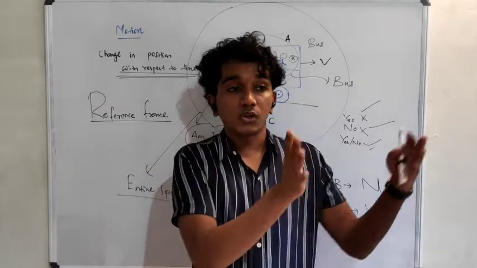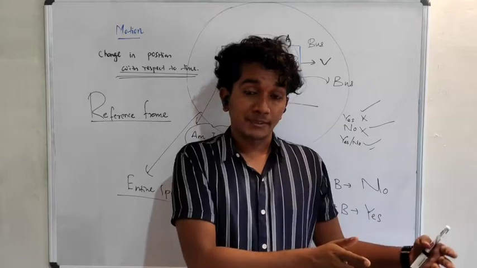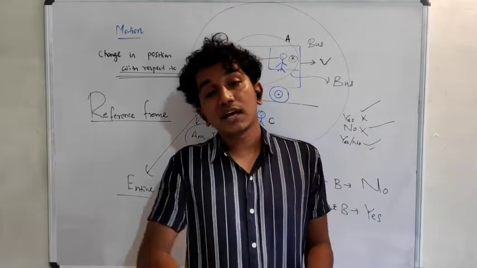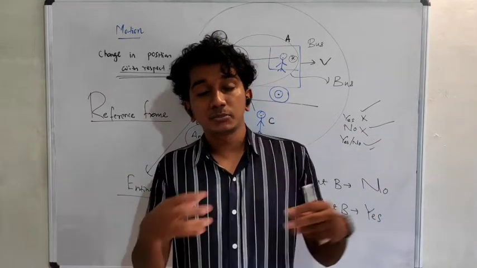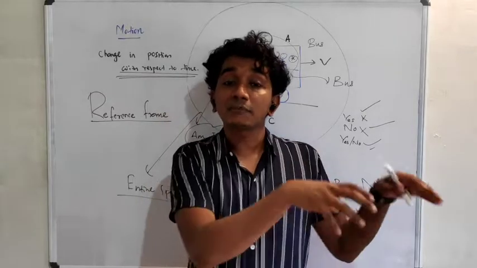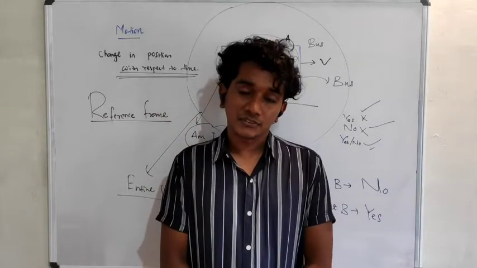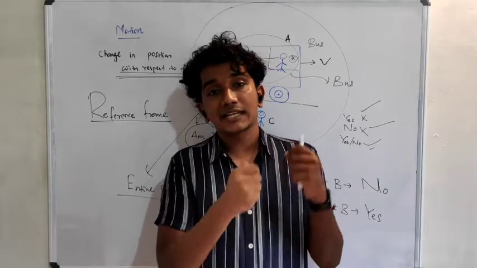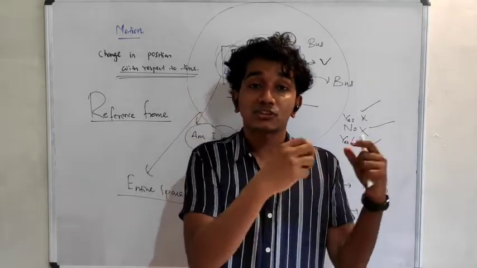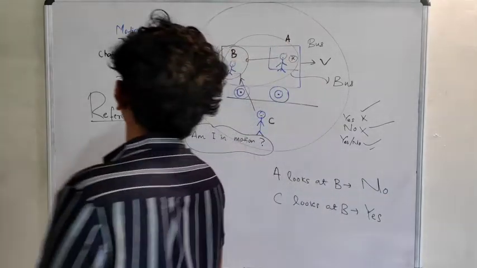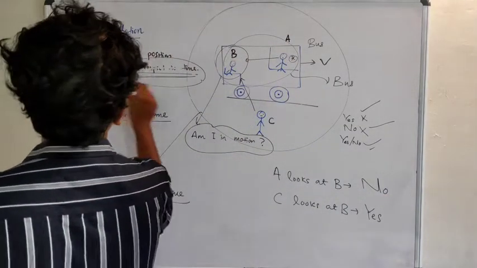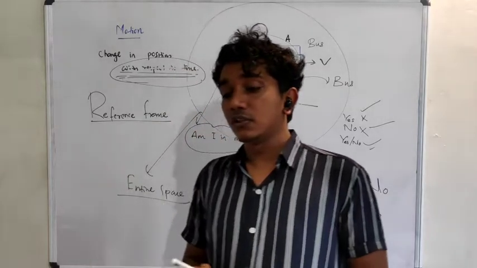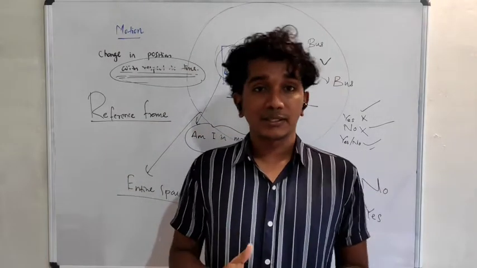So I am in motion, I was in motion, I will be in motion. Which means the time reference is that. With respect to this time reference, we can say that motion is always associated with time. So you can say that some motion is happening there.